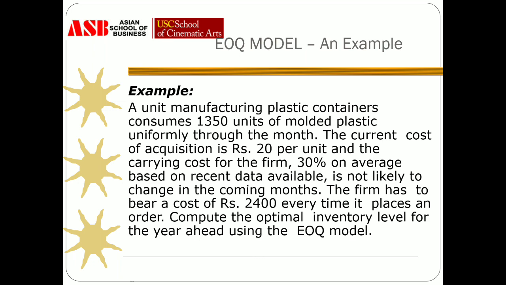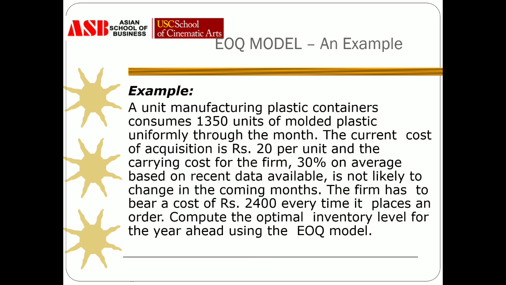So first we will convert this monthly requirement into the annual quantity demanded, that is 1350 multiplied by 12, because in our formula we need annual demand. Then the current cost of acquisition is 20 rupees per unit, and the carrying cost for the firm is 30% on average based on recent data available.